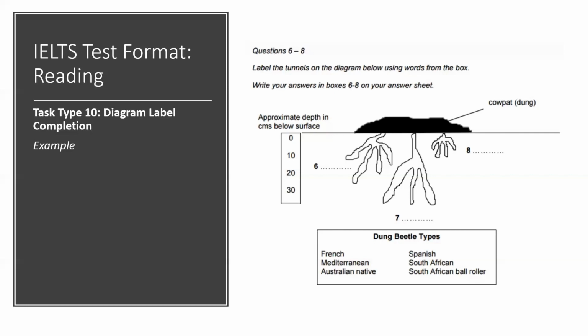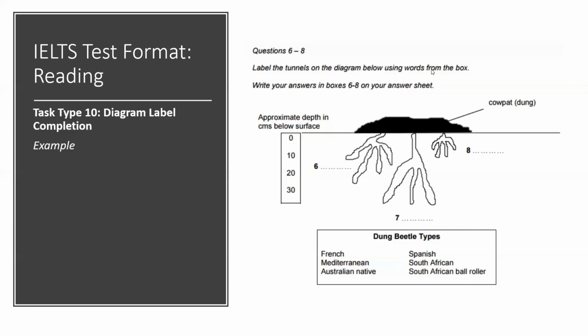More than 30. Question number 6, around 20. And 8 is around 10. So this will help us in answering. And the answers are to be selected from the given list of words.